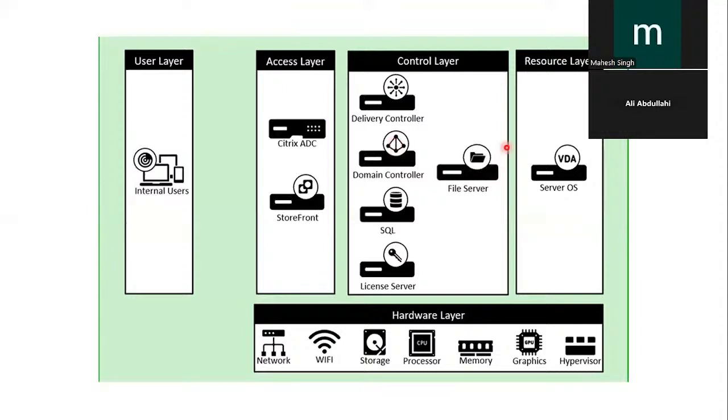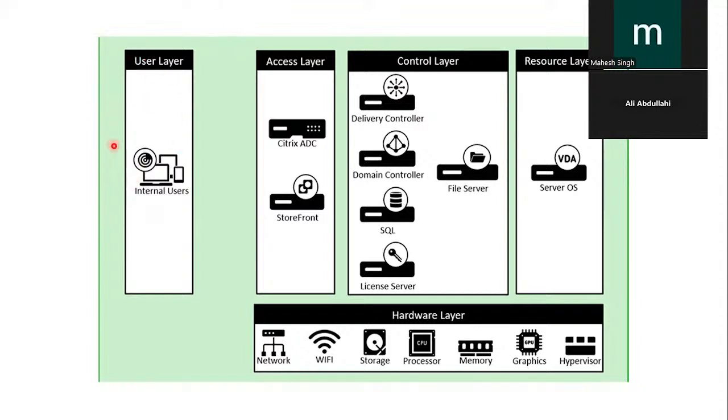In Citrix or any kind of data center, like VMware, Azure, or whatever it is, we have some layers. The first layer from the left-hand side is the user layer. As data center architects, we have nothing to do with the user layer.